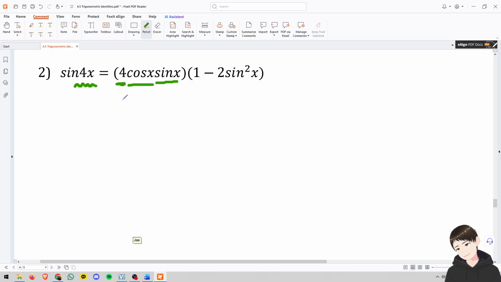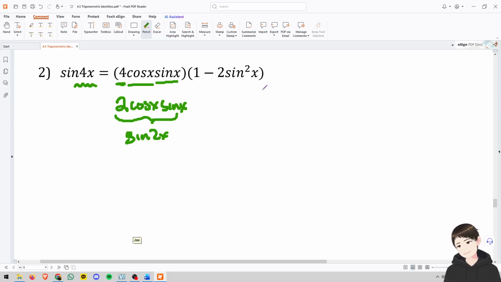We've never learned anything like that. But I do remember 2 sine x cosine x, right? That is the same as sine 2x. This looks sort of familiar. Anyone? Okay. Oh, wait for it right there.